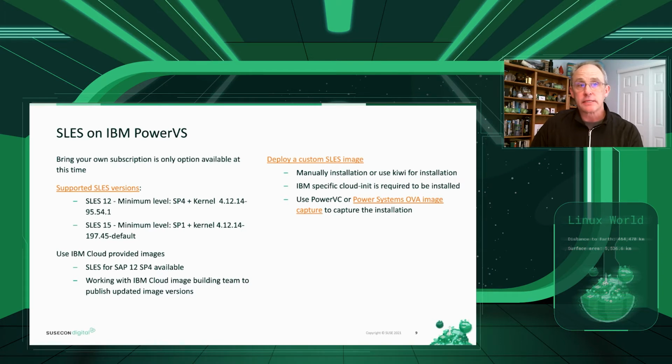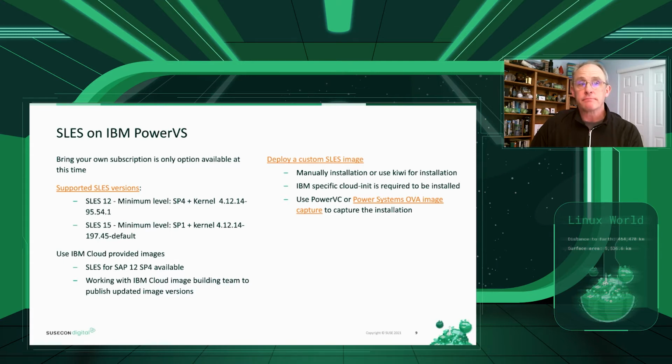Both SLE 12 and 15 are supported in the Power VS infrastructure. Please be aware of the minimum levels if you decide to bring your own image. Manual installations and Kiwi-based image builds are the preferred options for bringing your own image.